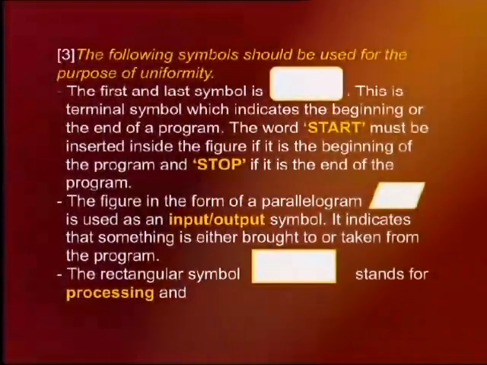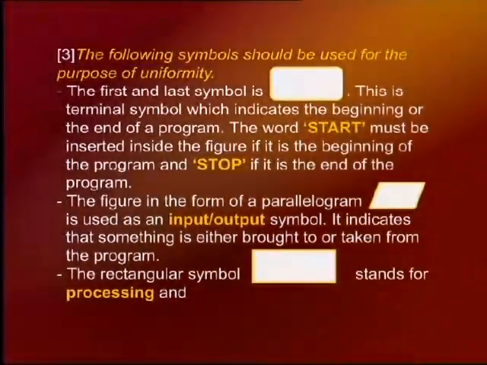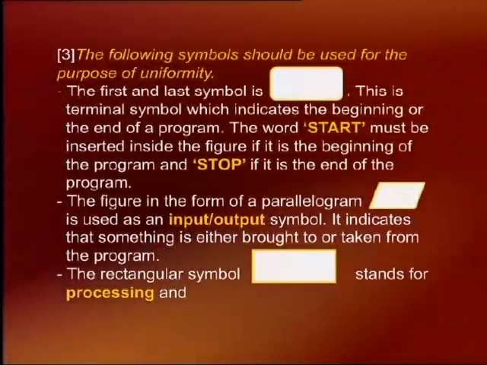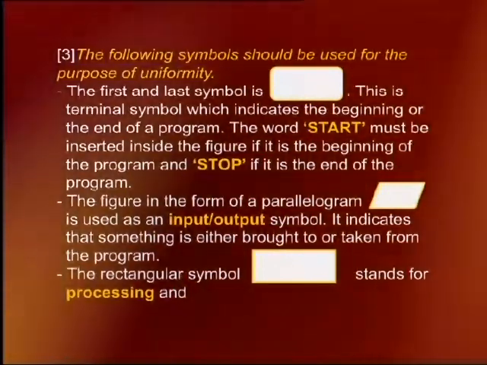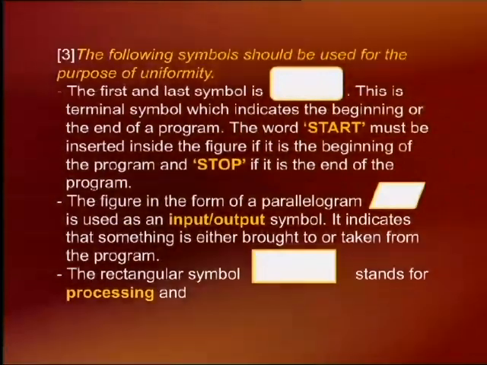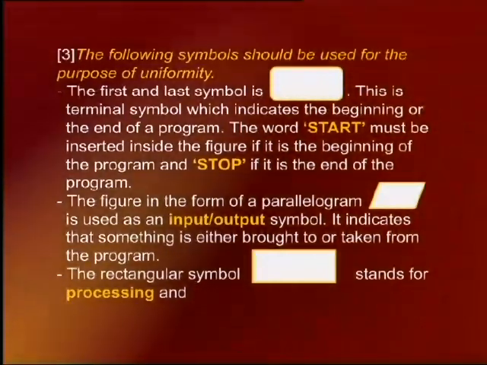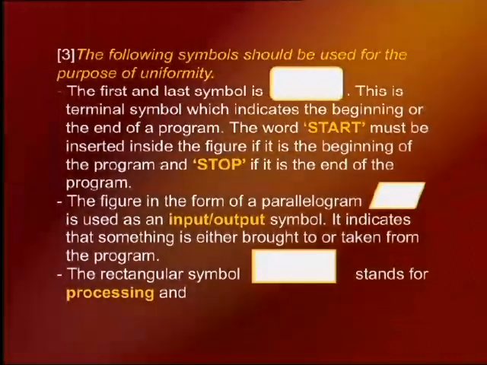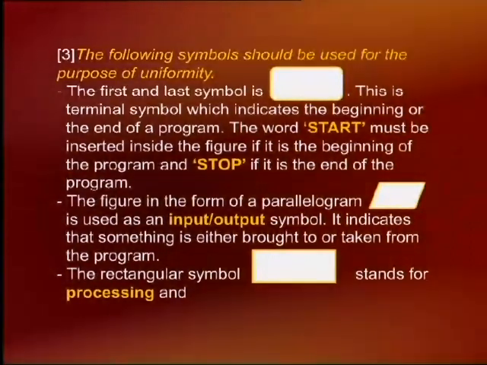The following symbols should be used for the purpose of uniformity. The first and last symbol is in the form of a rectangle. This is a terminal symbol which indicates the beginning or the end of a program.